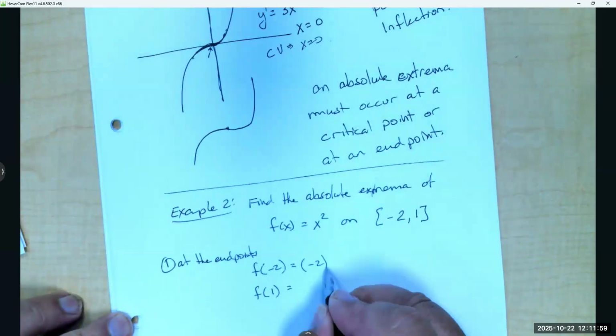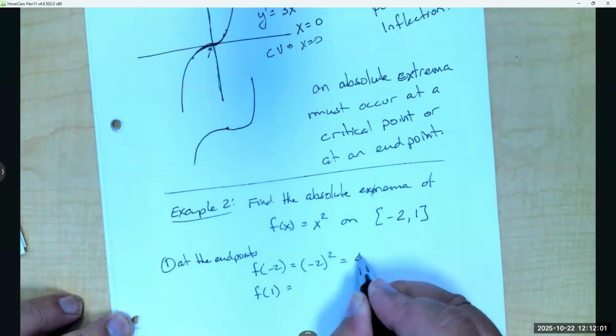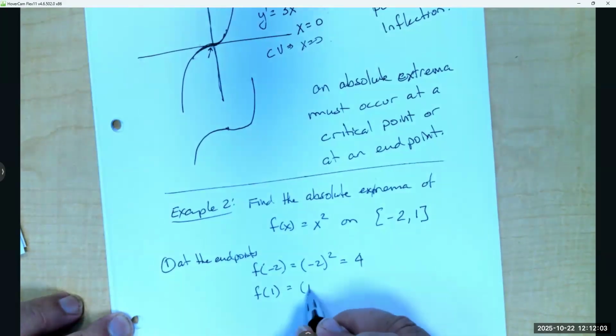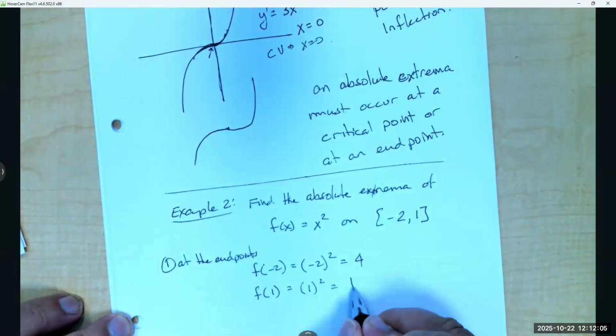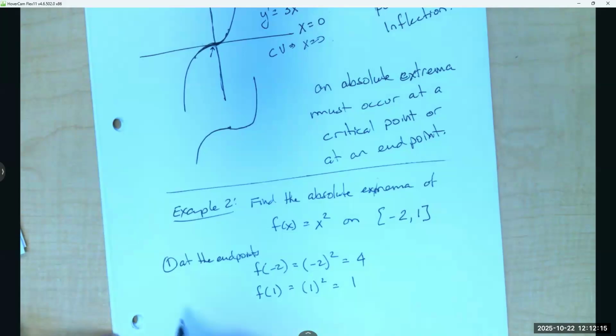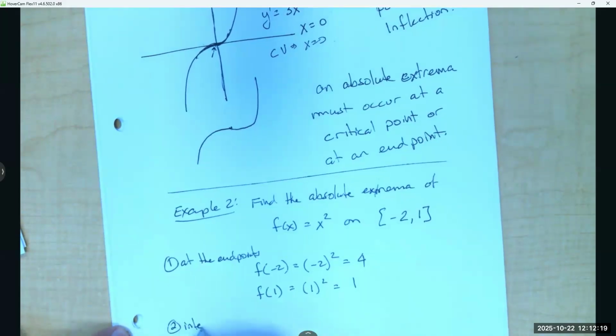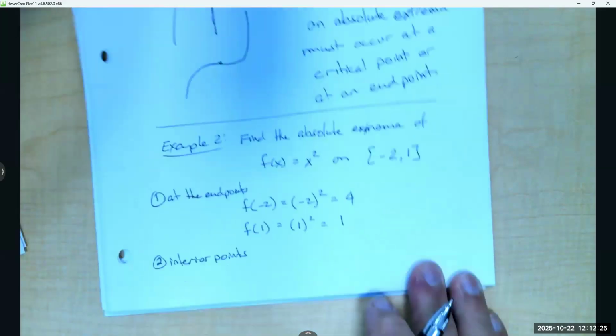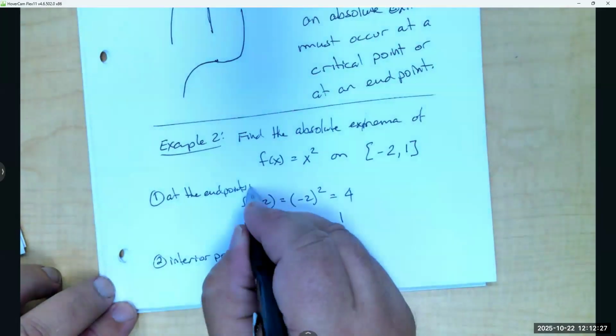So -2 squared is equal to 4. 1 squared is equal to 1. So those are the values at the endpoints. Now we look at interior points. Which interior points do we look at?